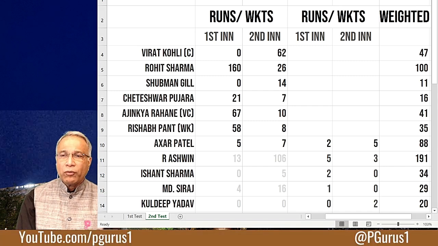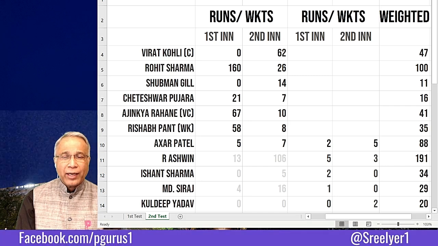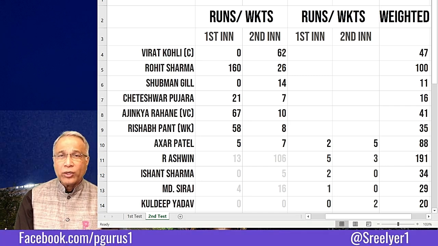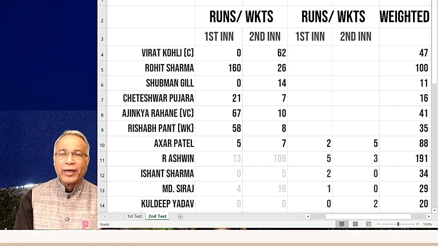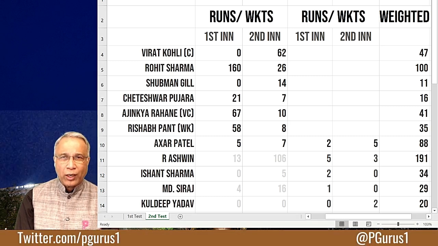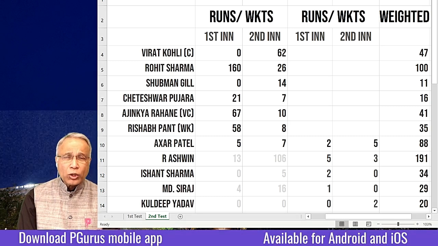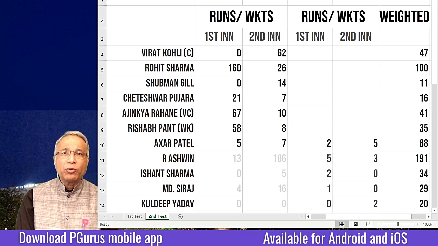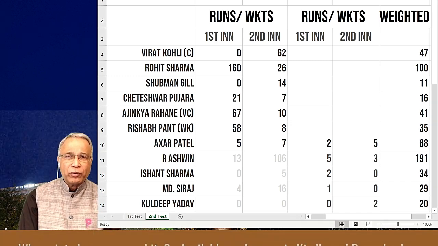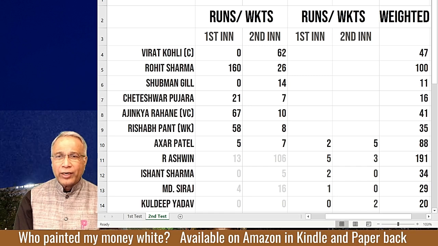He got 5 plus 3, 8 wickets, and that ought to count for something. And he also got a 100, which is why his number is coming to 191. Now, these things will normalize over the tests, and I will predict the man of the series at the end of the 4th test. But you can calculate this yourself.